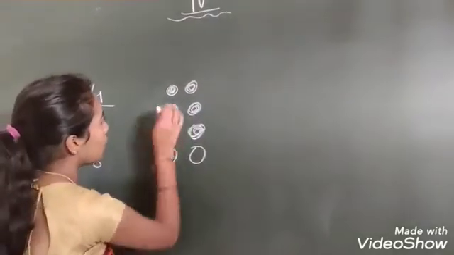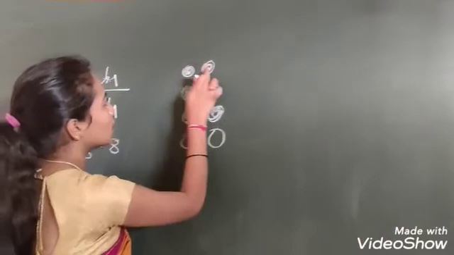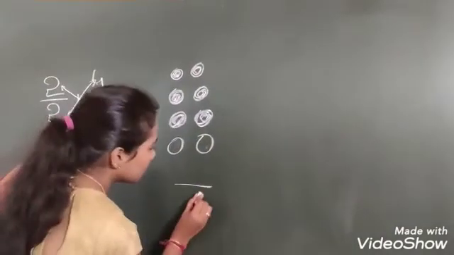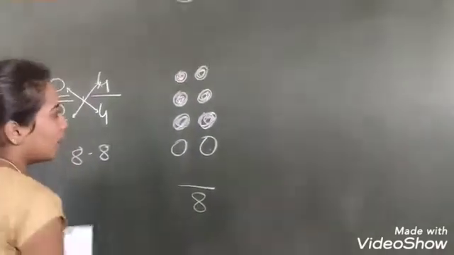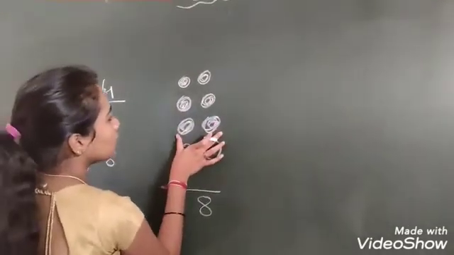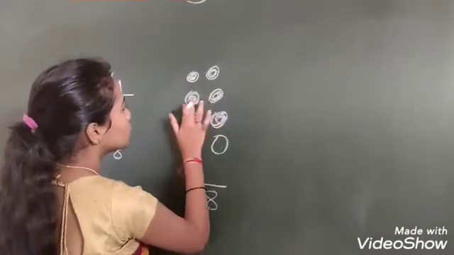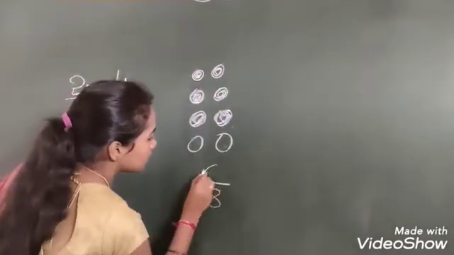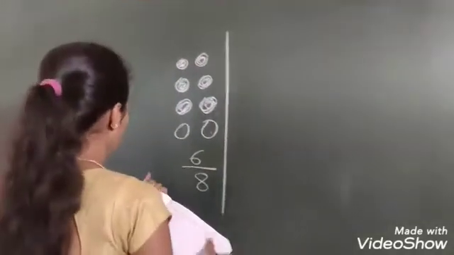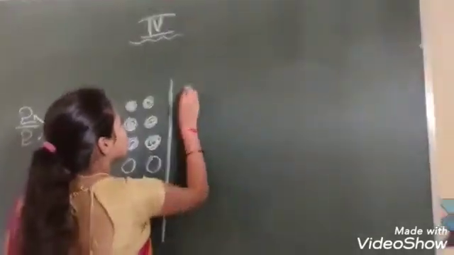Then we have to write how many circles are there. 1, 2, 3, 4, 5, 6, 7, 8. In 8 circles we have shaded circles. How many shaded circles are there? 1, 2, 3, 4, 5, 6. 6. Understood?